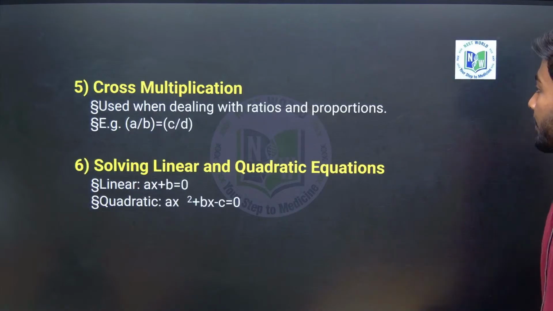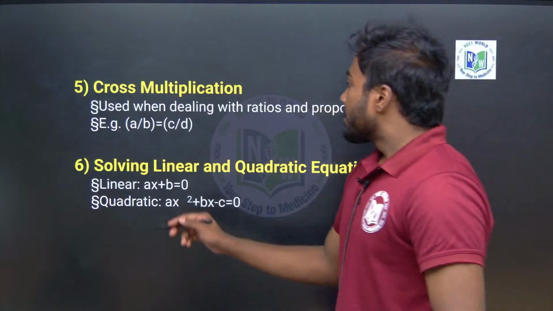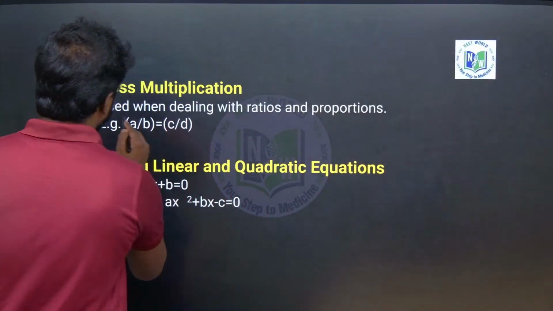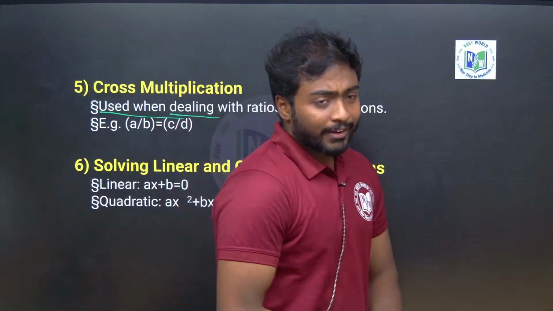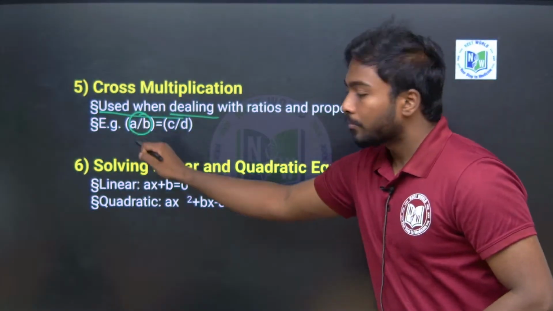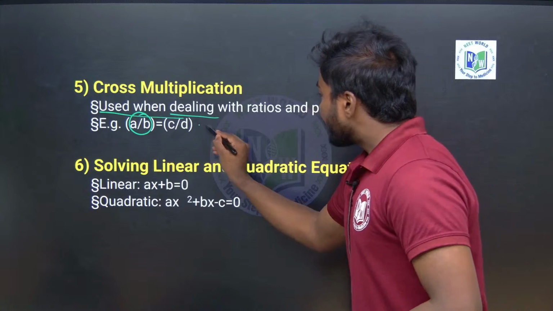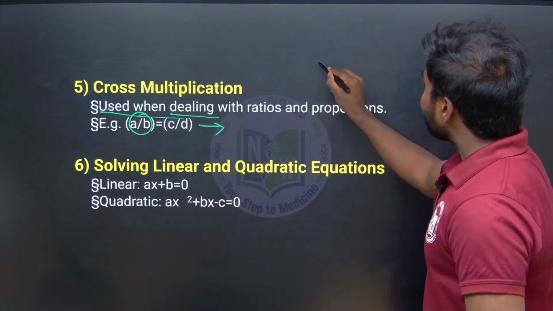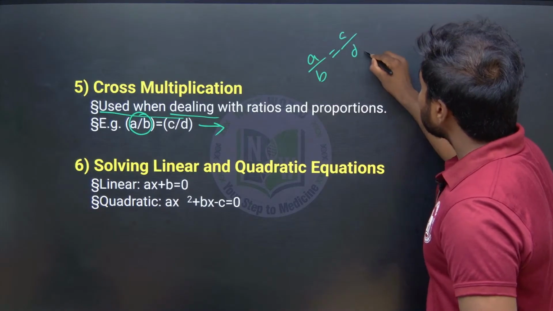Next we will go for cross multiplication. It is used when dealing with ratios and proportions. For example, I have taken a by b in ratio, a by b is equal to c by d. If this kind of equation is there, I can cross multiply.